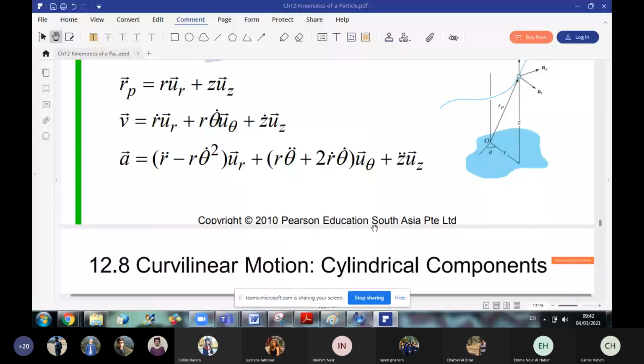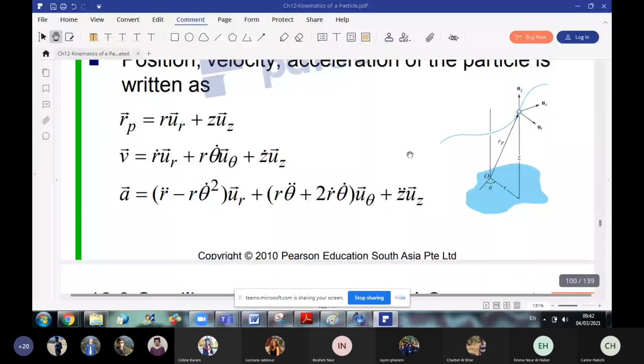Okay, now what we will do is extrapolate from the 2D case to the 3D case. In case you have a motion in 3D, you can still use the polar coordinates by adding another coordinate, which is the elevation. If you have any point P, you can project it on a horizontal plane.